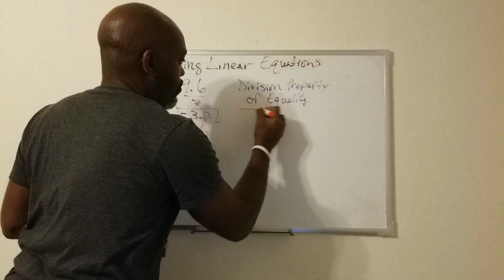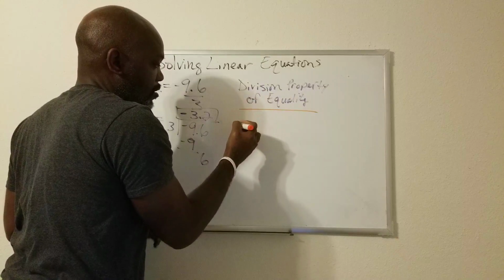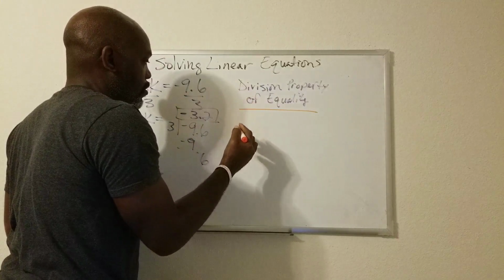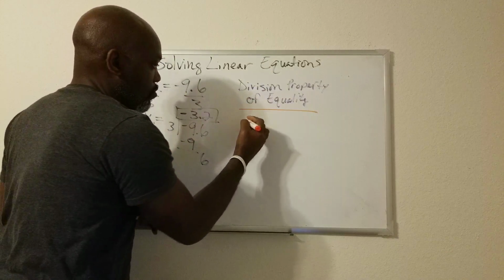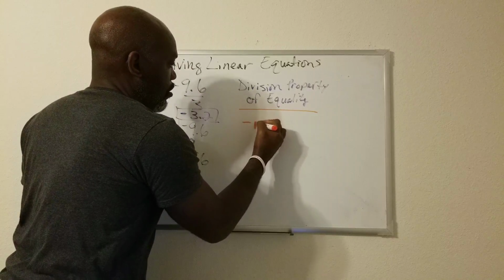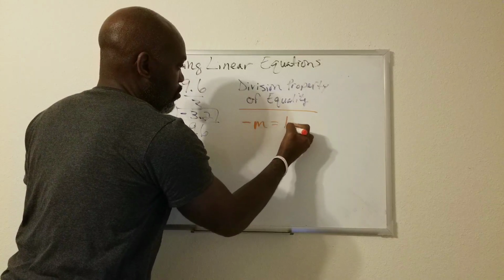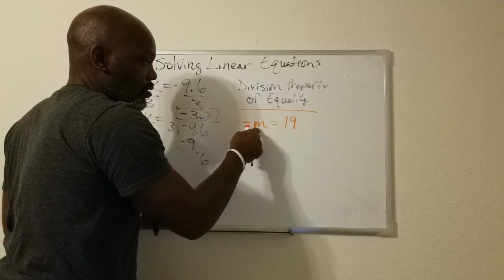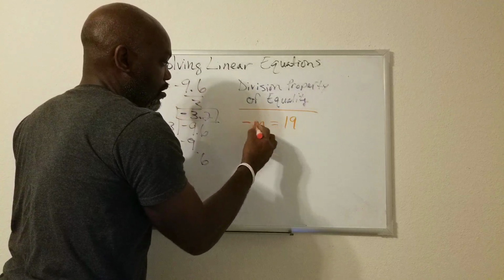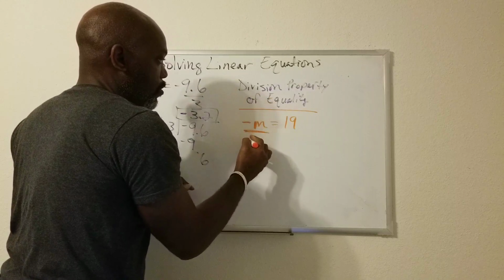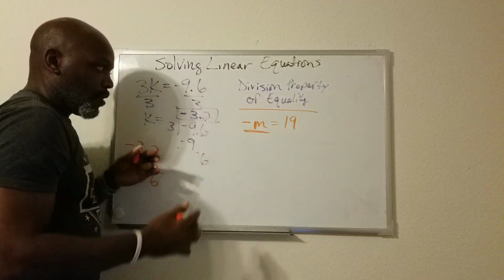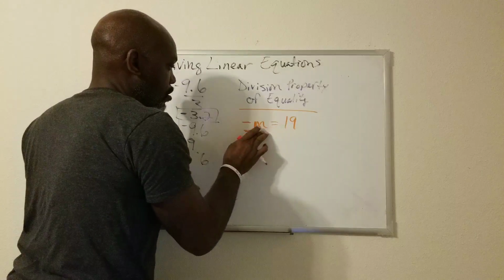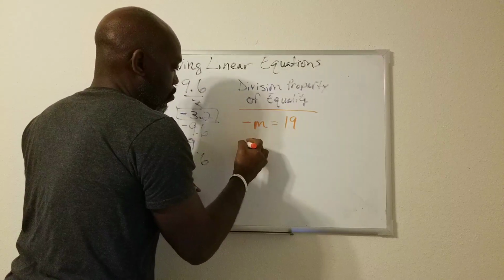All right, so we can also talk about this as multiplication property of equality. So let's say negative m equals 19. So negative times what will give me 19? Well, we're going to use division property of equality, also known as multiplication property of equality, because what we're doing is we're saying we're multiplying.